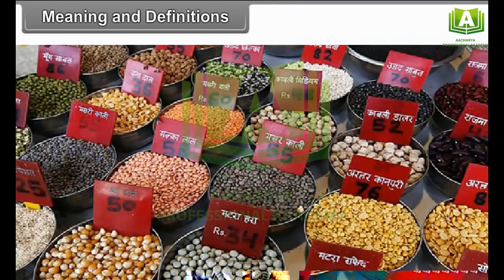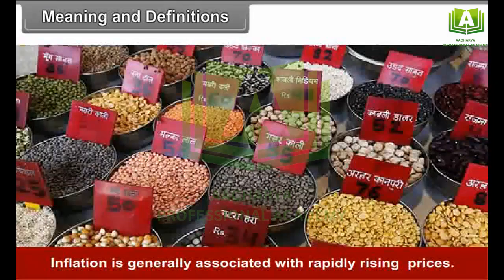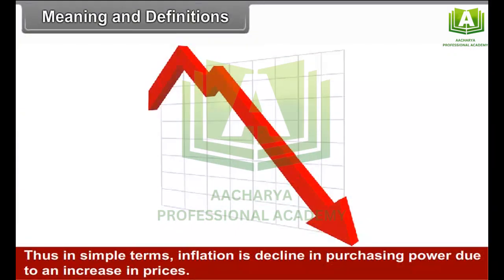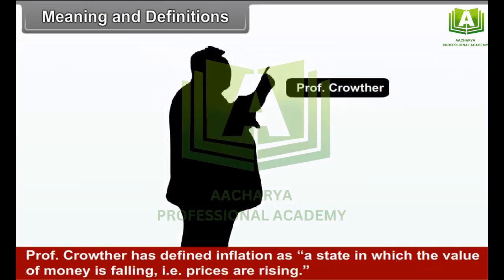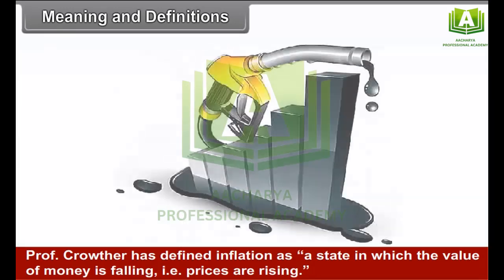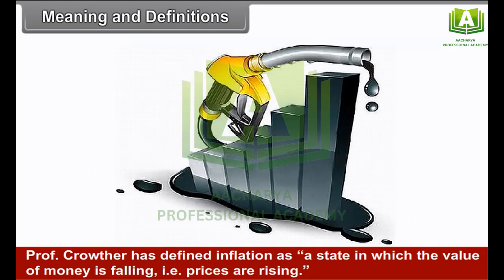Meaning and definitions. Inflation is generally associated with rapidly rising prices. Thus, in simple terms, inflation is decline in purchasing power due to an increase in prices. Professor Crowther has defined inflation as a state in which the value of money is falling, that is, prices are rising.